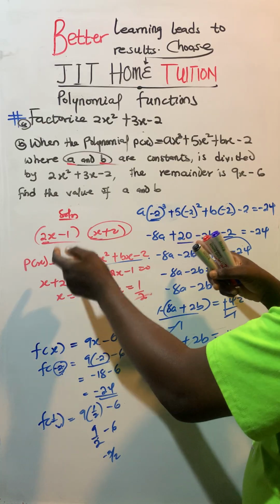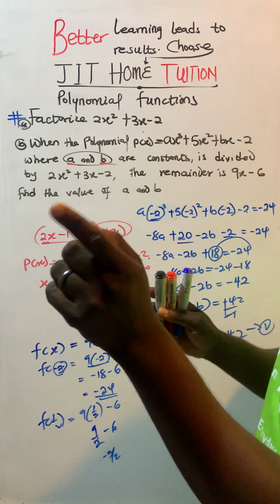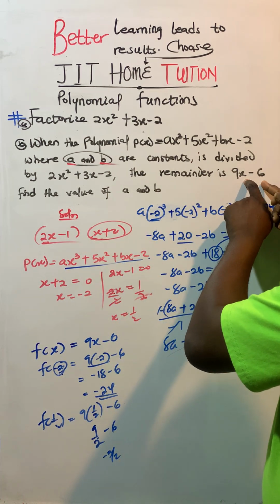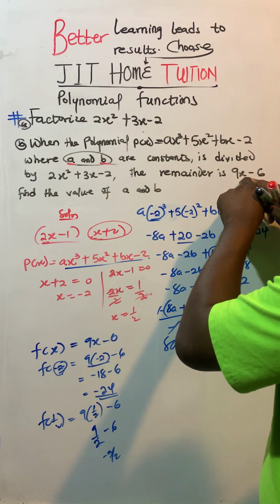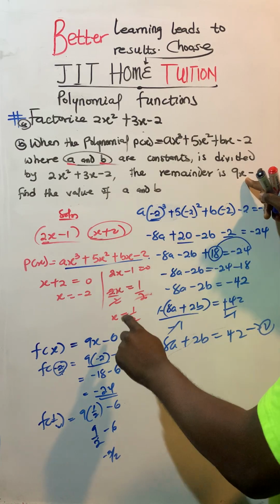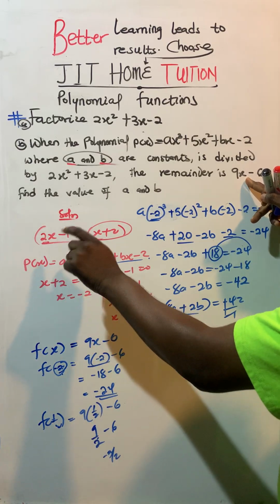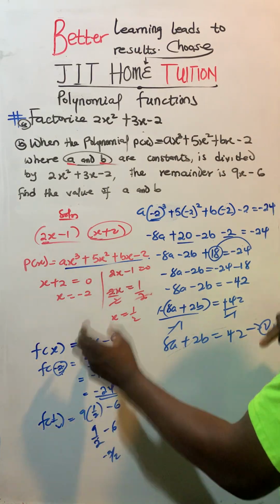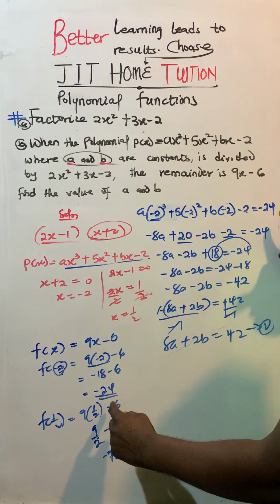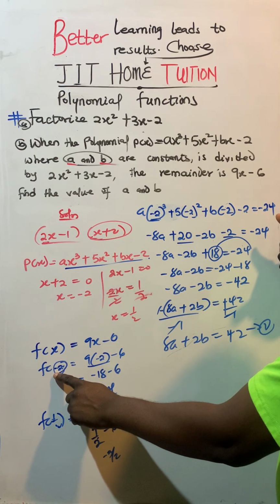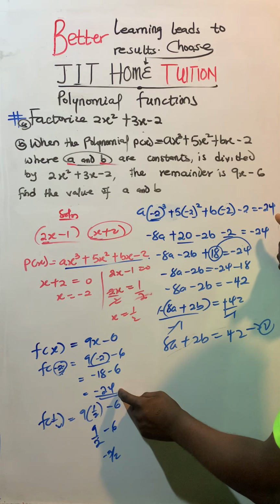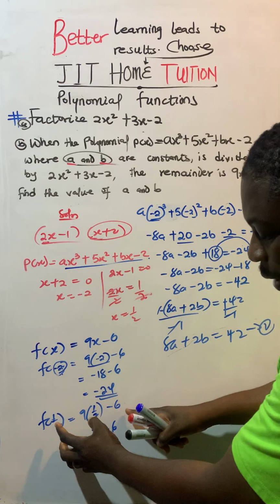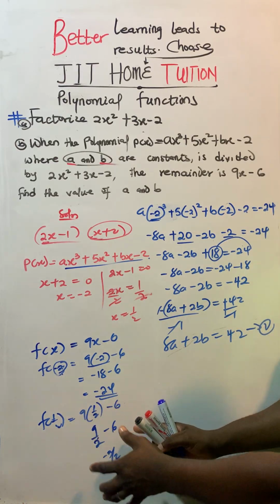So in this case, when you put it into the function, it should have been equal to 0. But they said that the remainder is equal to 9x minus 6. So because of the x here, we also put the value of what x is equal to into this one. And that is what we did here initially. So you can see that from here, whatever that x was, which is -2, we equated it because we were using the -2. So we are now coming to the part where it is what? Half.